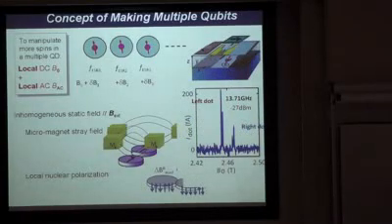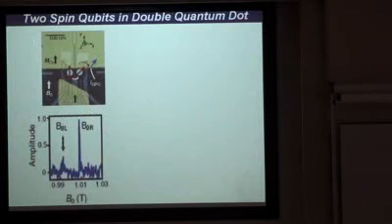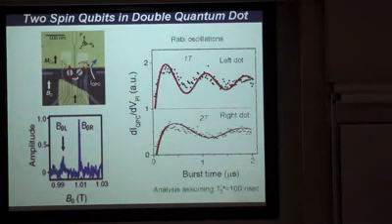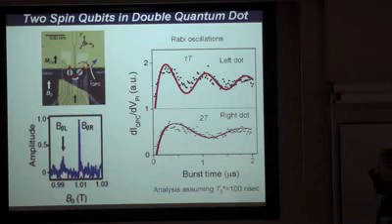We actually see the two resonance lines. And by making pump and probe experiments for the two dots at this resonance and also at this resonance, we can obtain two kinds of Rabi oscillations, indicating the two spins are independently operated as qubits.